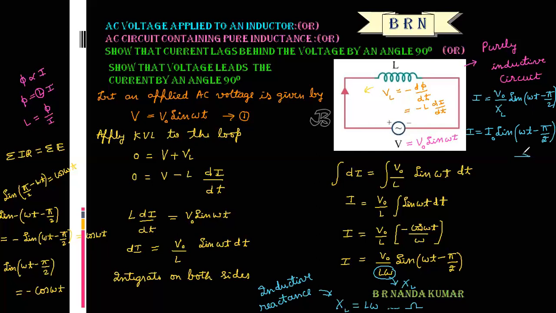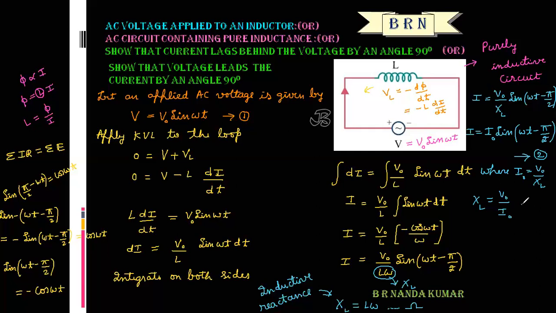Call this equation number 2, where I naught is equal to V naught divided by XL. So XL is equal to V naught divided by I naught.